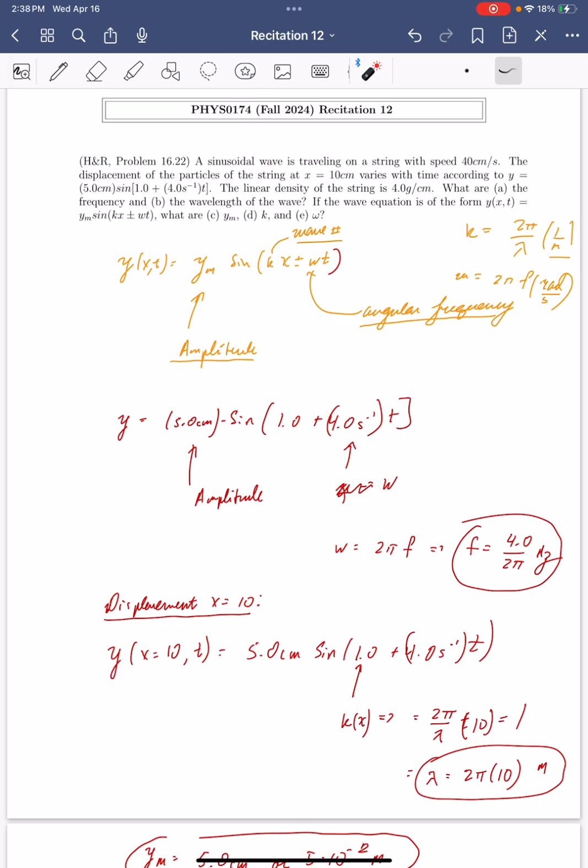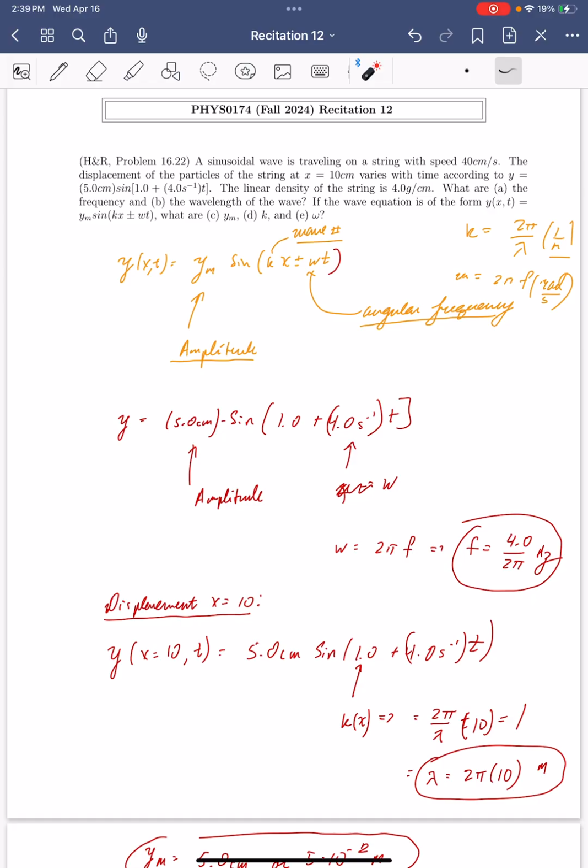The linear density of the string is 4 grams per centimeter. What are A, the frequency, B, the wavelength of the wave, and then if the wave equation is of the form y(x,t) equals ym sine kx plus or minus wt, what are ym, k, and w?